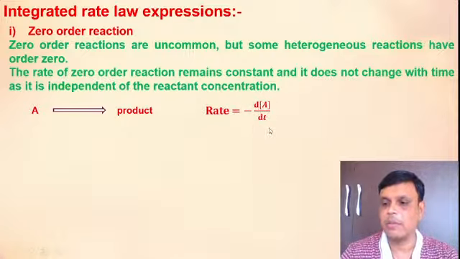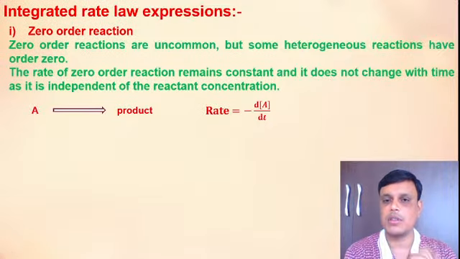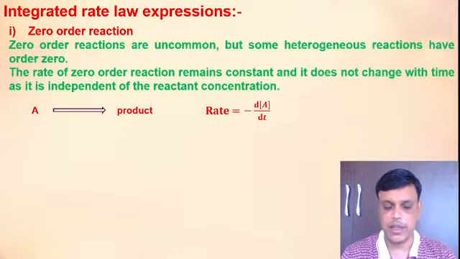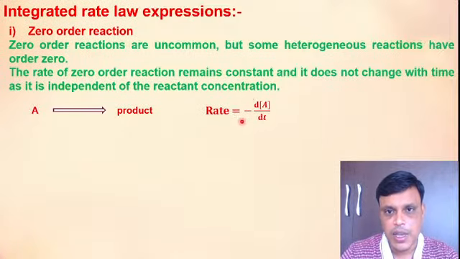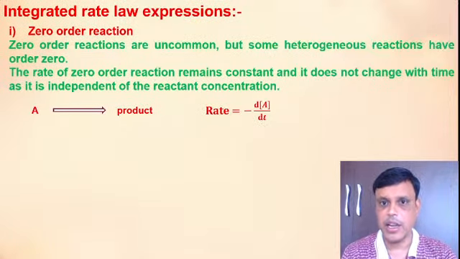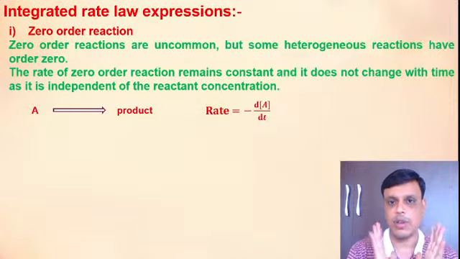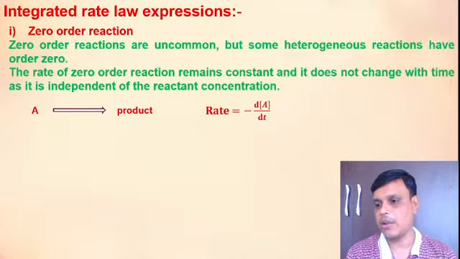Why d by dt? Because a very small change in concentration of reactant A takes place. And why negative sign? Negative sign indicates the concentration of reactant A goes on decreasing. So in this way you have to write down the rate.